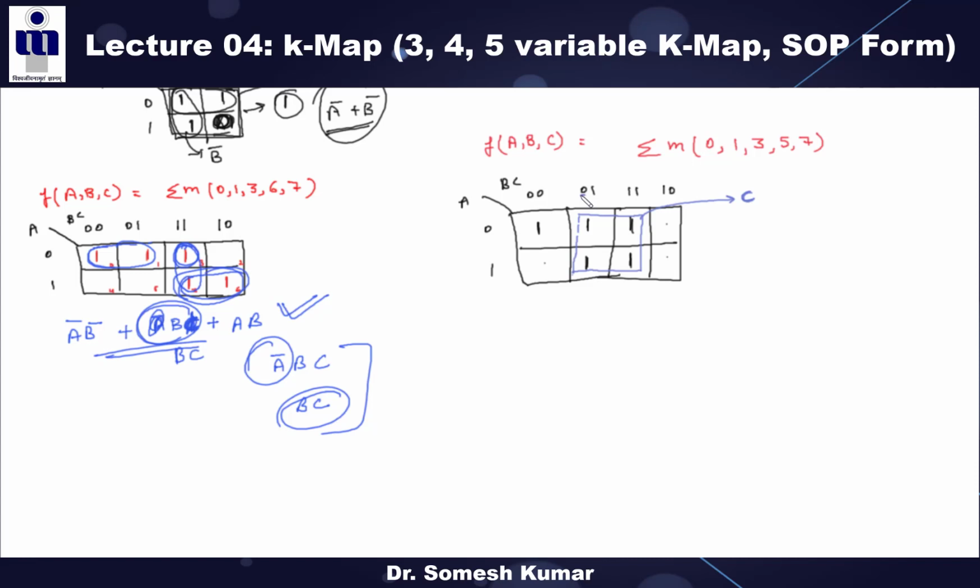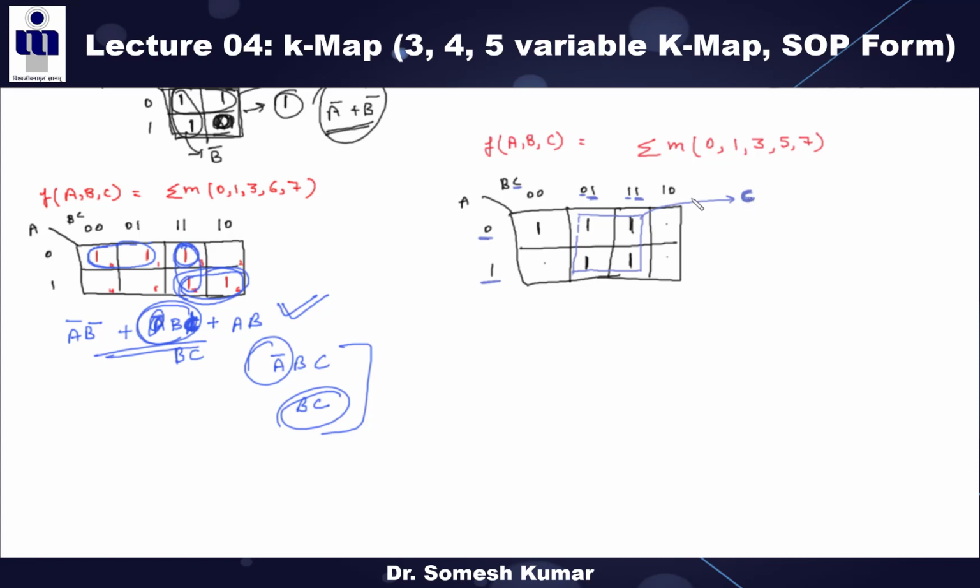See, this is a different bit, this is a different bit. Only this is common, right? And here on the row side, this 0 is different, 1 is different, right? So we have to choose the common terms. Here the only common term is 1 and 1. 1 means C, right? So that's why we take the answer as C. Clear?